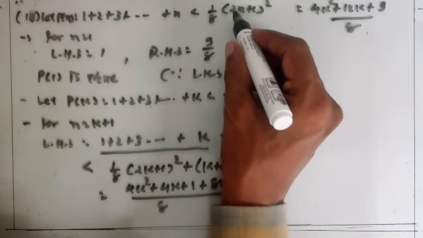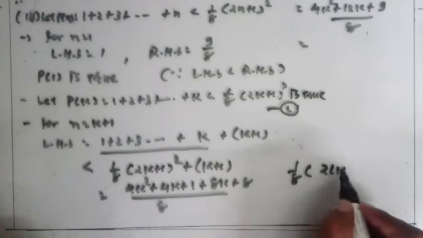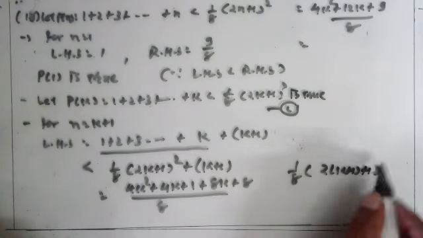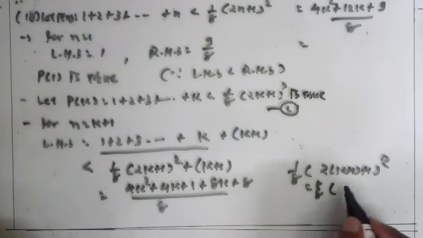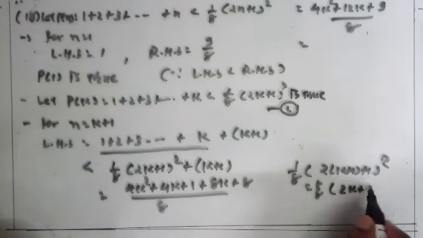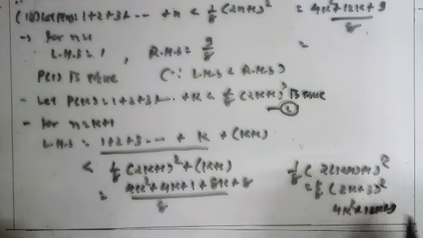In the last terms we want to get 1 upon 8 into (2 into (k plus 1) plus 1) raised to 2. That is 1 upon 8 into (2k plus 2 plus 1), that is 3 square. That is 1 upon 8 into (4k square plus 12k plus 9).